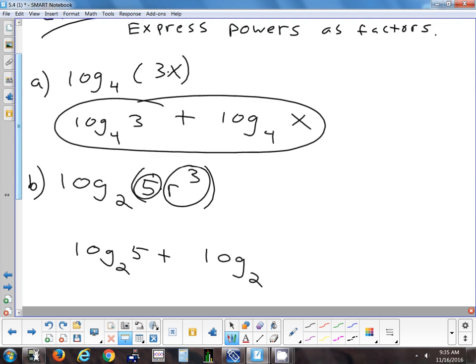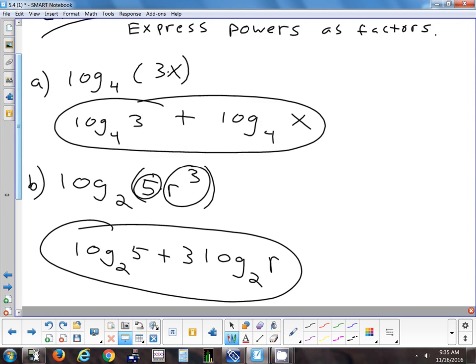The second argument would be r cubed, but then the directions say to take that 3 and put it in front. If you want to do both in the same step, that's fine. Any questions on that one? I like this stuff.